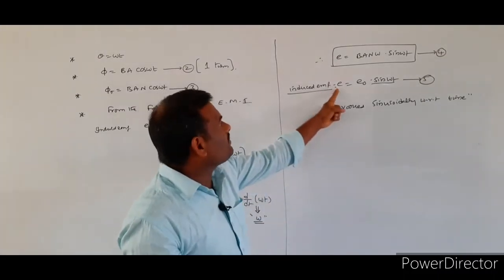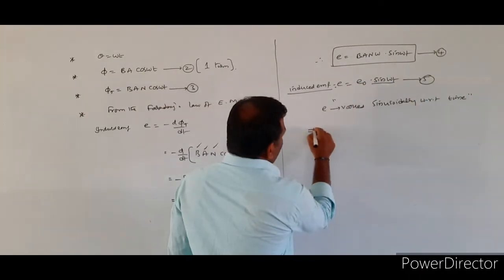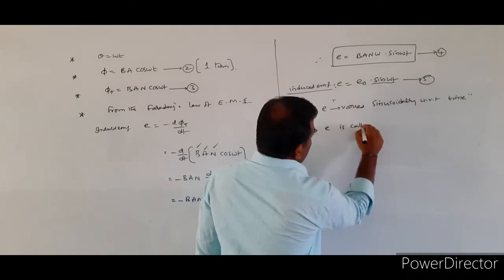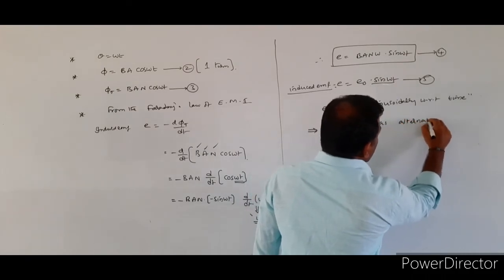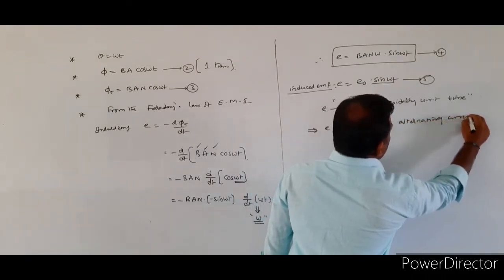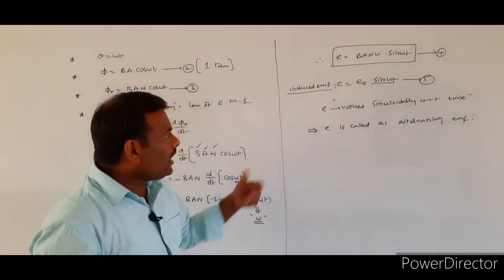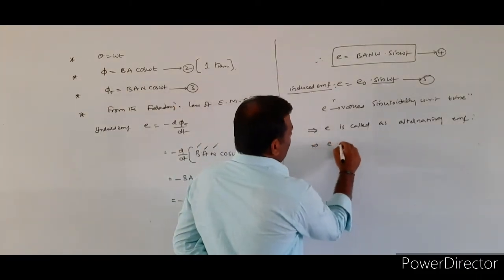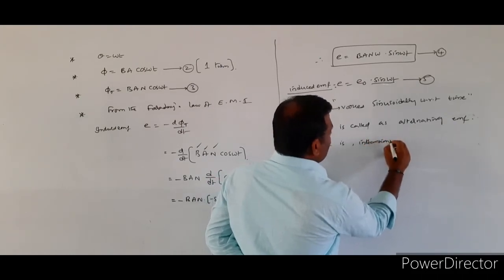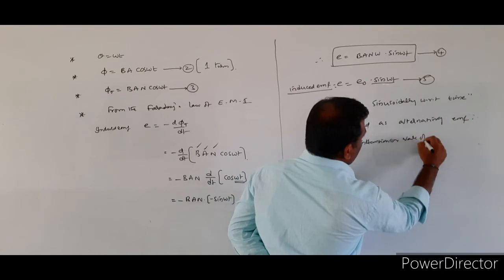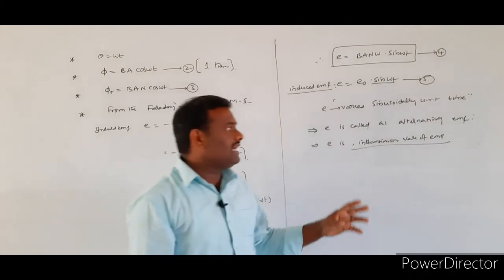So here EMF varies sinusoidally with respect to the time, so E will be called alternating EMF. And E also gives the instantaneous value of the given EMF.